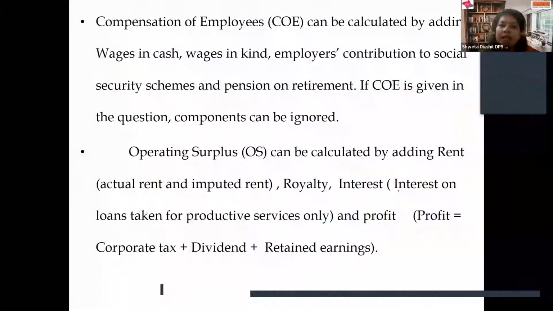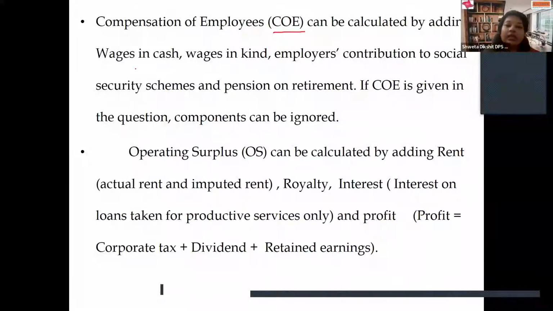I personally define it like this: compensation of employees, or COE, is anything and everything which is given by the employer to the employees.